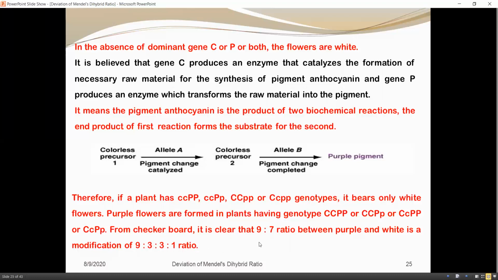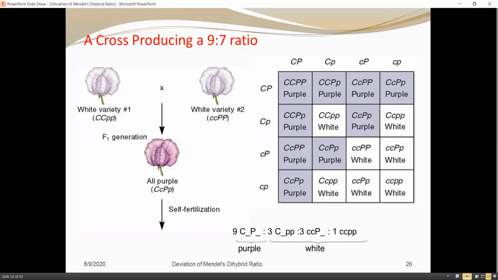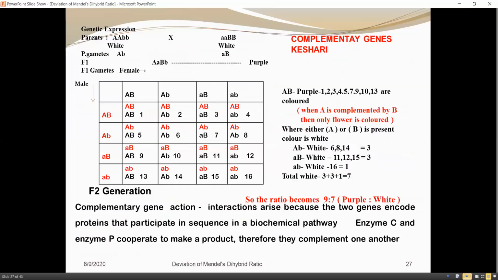From the checkerboard, it is clear that 9:7 ratio between purple and white is a modification of 9:3:3:1 ratio. Here you can see where there is capital A and capital B, that will be purple, and where either capital A is there or capital B is there will be white, and 16 is also white.